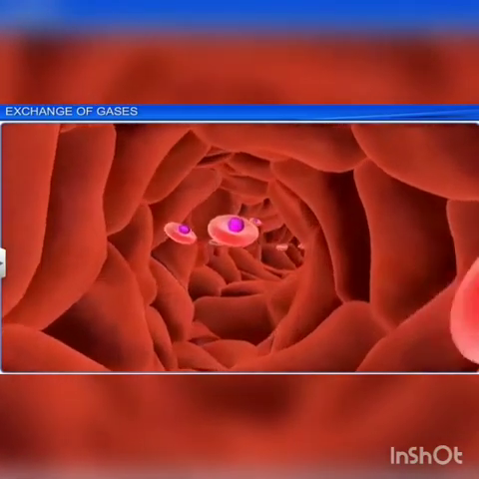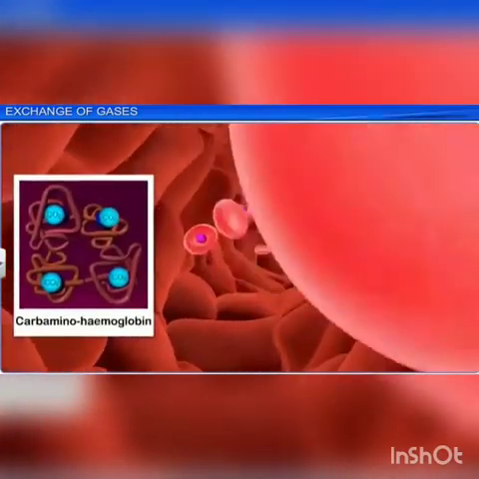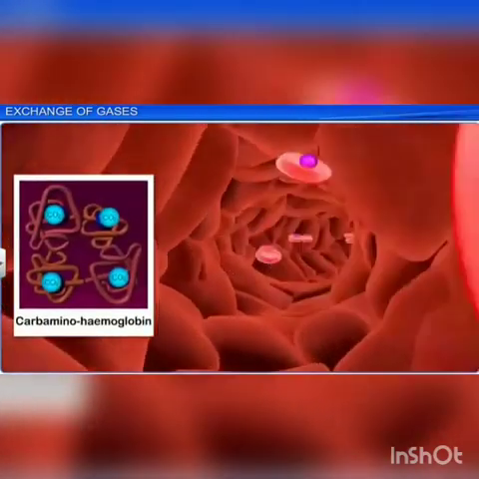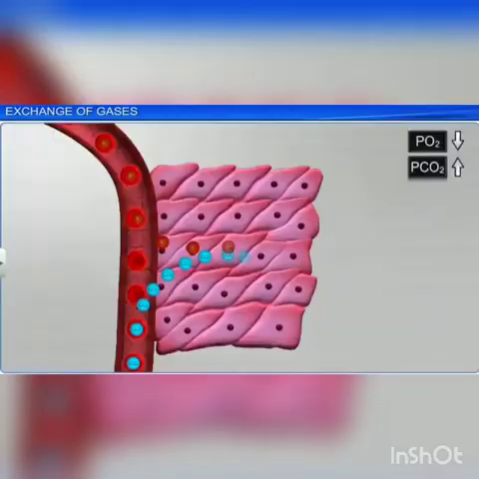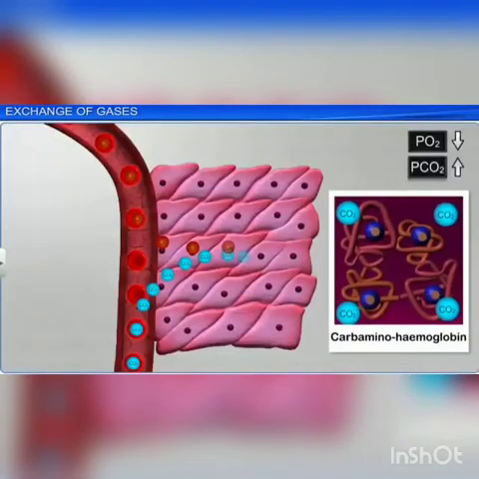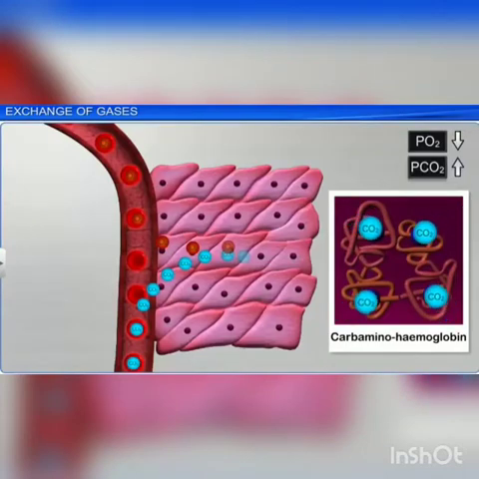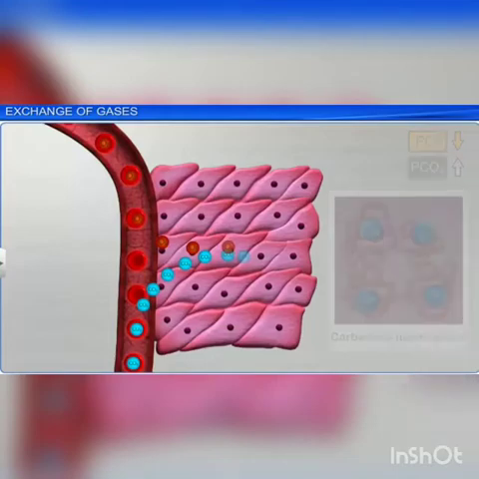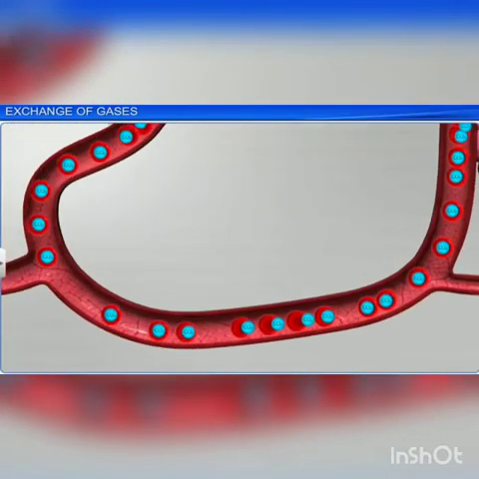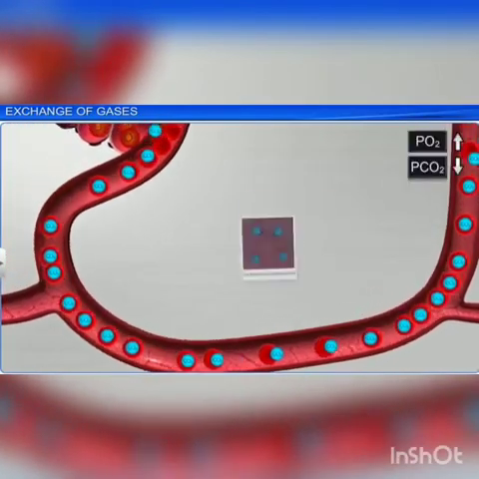About 20 to 25% of carbon dioxide is bound and carried in the RBCs as carbaminohemoglobin. When carbon dioxide combines with hemoglobin, it gives carbaminohemoglobin. And third, as bicarbonate ions in plasma. About 70% of carbon dioxide is transported as bicarbonate ions.